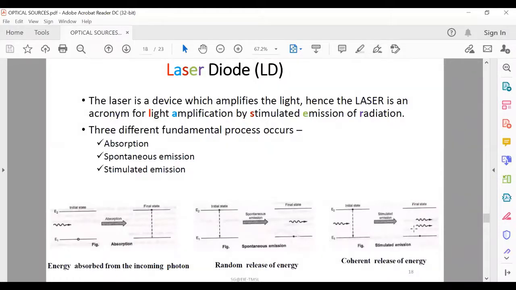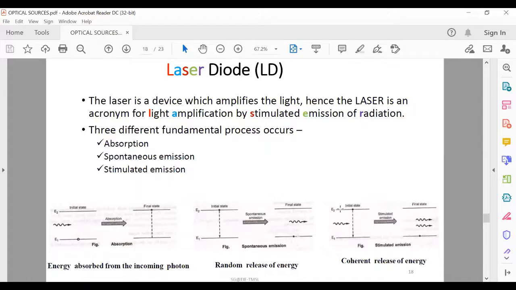Okay, so spontaneous emission gives incoherent radiation, while the stimulated emission gives coherent radiation, and hence the light associated with the emitted photon has the same frequency as the incident photon and is in the same phase with the same polarization, because we know that a coherent source means a source of light that emits waves which have zero or constant phase difference and the same frequency, and just opposite to this is an incoherent source, where the light emits waves which have random frequencies and phase differences.